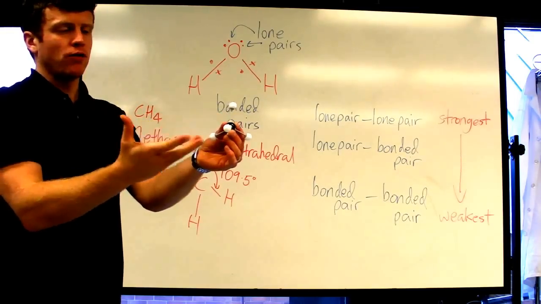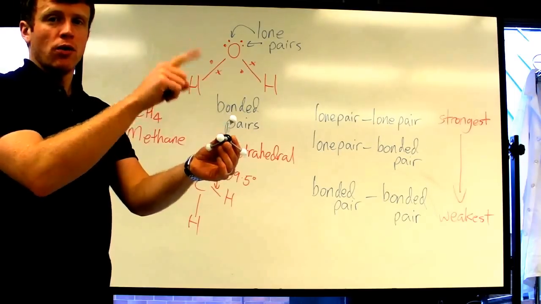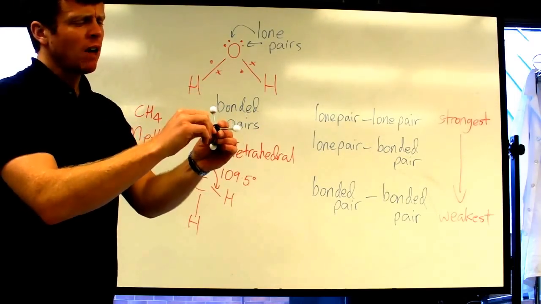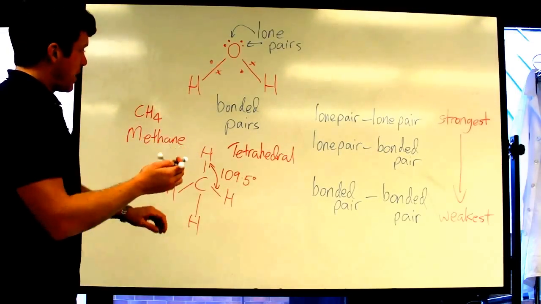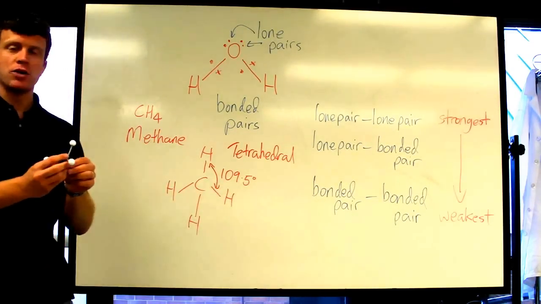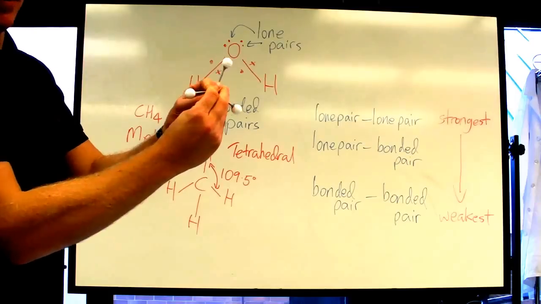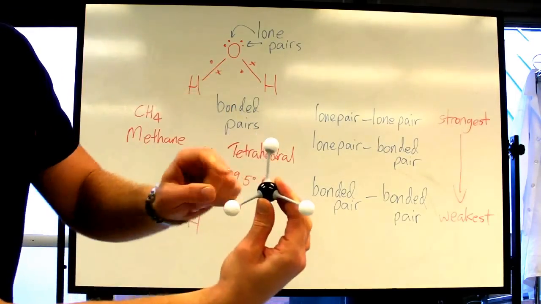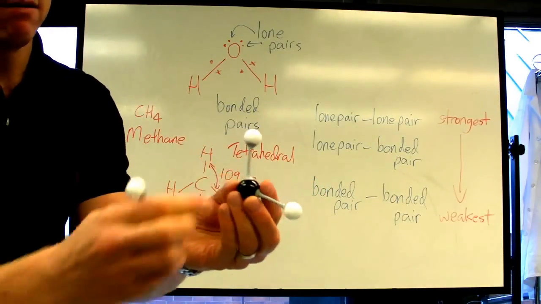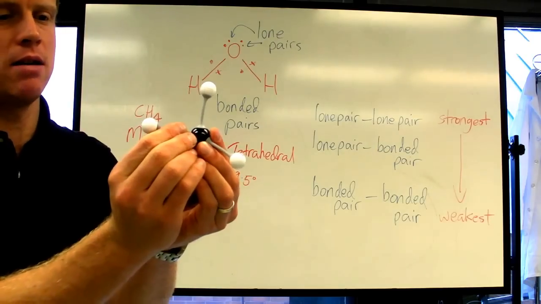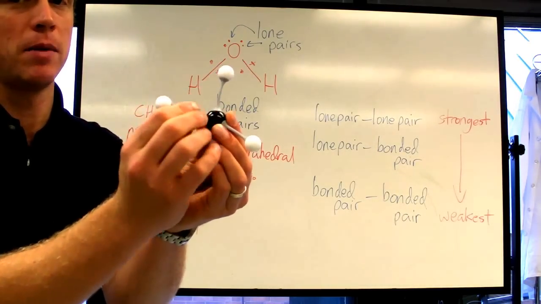It'd be easy to fall into the trap of thinking, well, if there's 4 of them, if they all end up as north, south, east and west, then surely that would be the maximum amount of space they can get between them. But actually it ends up as being 109.5, which is more than 90. It's difficult to show, but this angle is bigger than 90. If I make it 90, or roughly 90, then that's less space between these 2 pairs of bonded electrons.